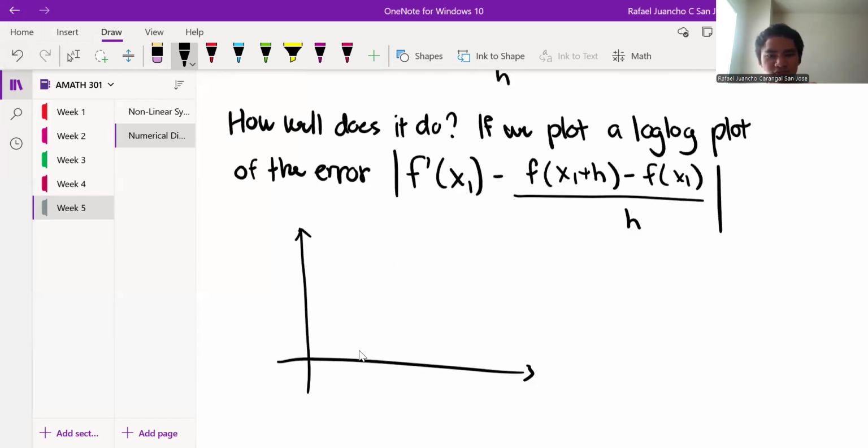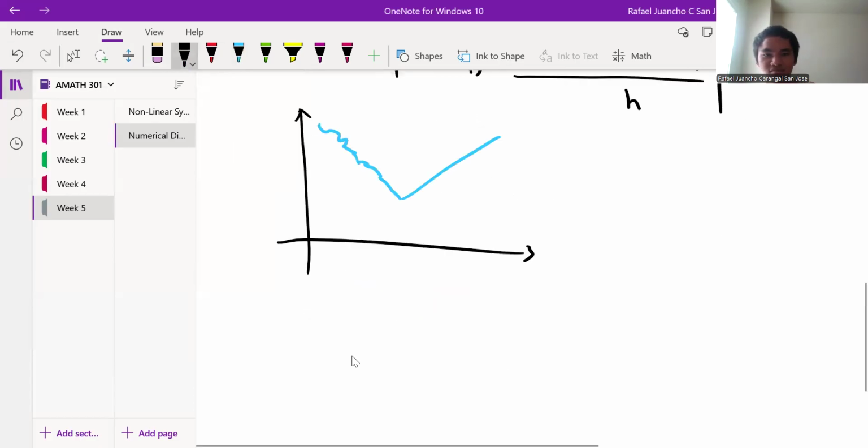Say we're in the first quadrant. It would look something like this, right? And so here, what is happening? But that's what we see, right?